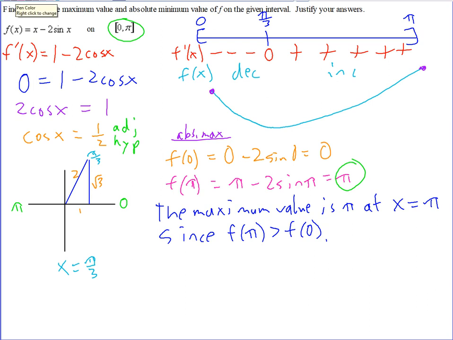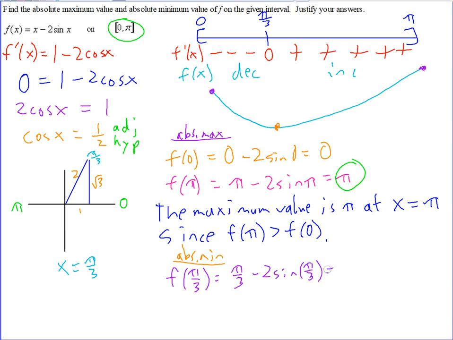And then for the minimum value here, we can see there's only one place it could be. It has to be right here. But we still need the value, so we know where it's going to occur. Absolute minimum. That would be f of pi over 3. Well, that would be pi over 3 minus 2 times the sine of pi over 3.